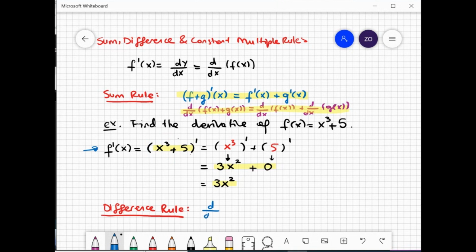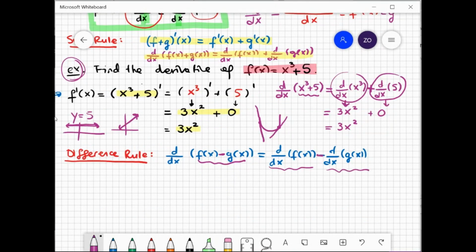So the derivative of a difference of two functions: if you want to find the derivative of f minus g, you can find the derivative of f, and you can find the derivative of g, and you can subtract the derivatives. Okay, so the derivative of the difference equals the difference of the derivatives.